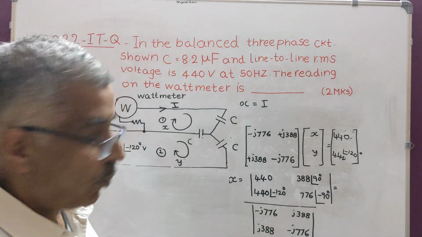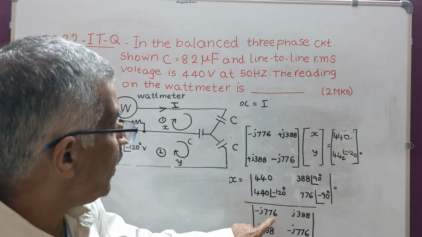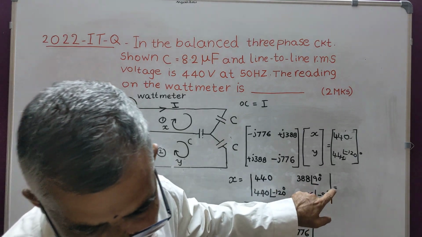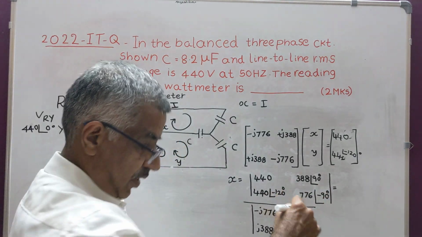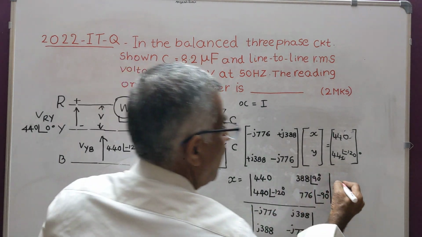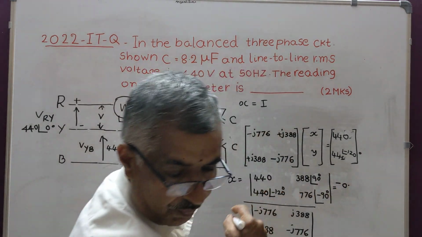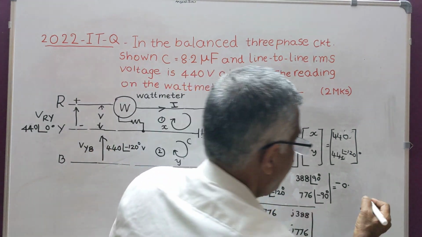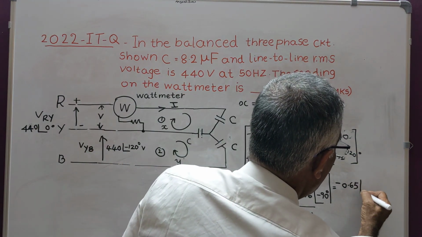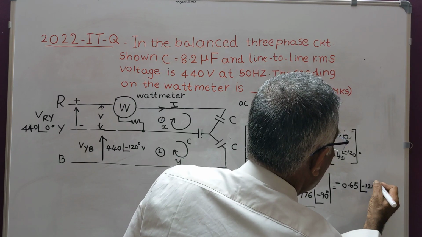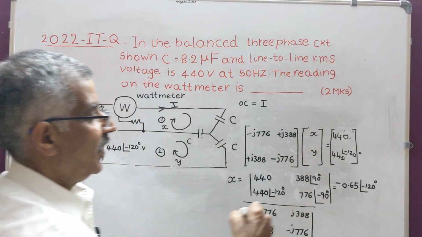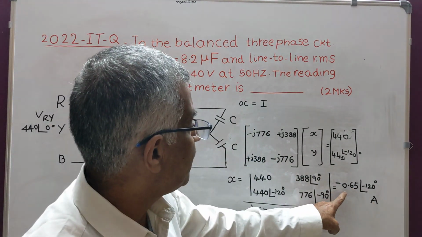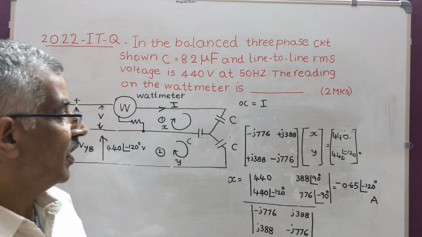So x comes out to be, I am not going through the calculations, minus 0.65 angle minus 120 degrees, amperes.